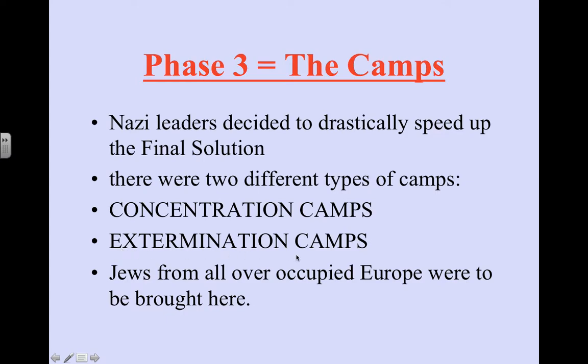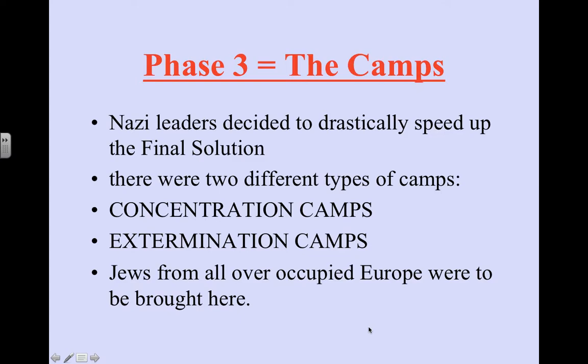So they would either shoot them, put them in gas chambers, or just kill them. This was mostly children and women in the extermination camps because they weren't strong enough to work. If you were strong enough to work, you were sent to a concentration camp where you worked a little bit and then you starved to death.